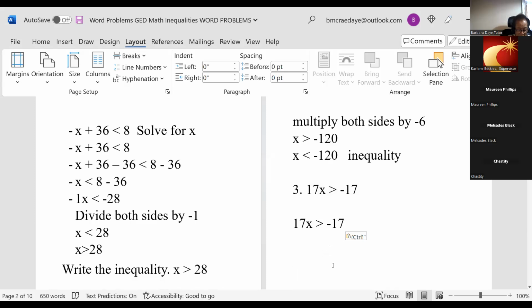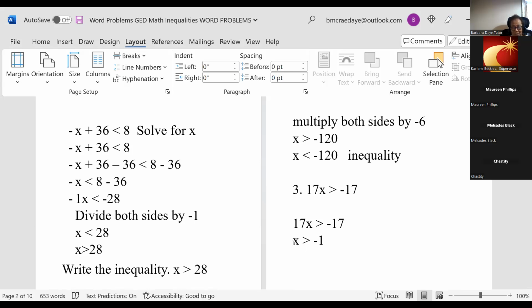So your answer would be x greater than negative 1. Got it? That's a multiplication, so divide both sides by 17. 17 into negative 17, unlike signs, divide to give you a negative. It gives you a negative 1.